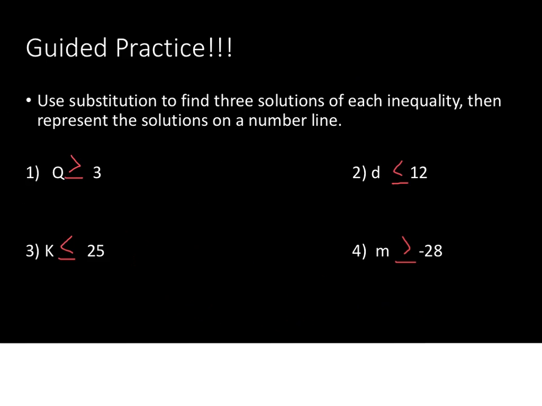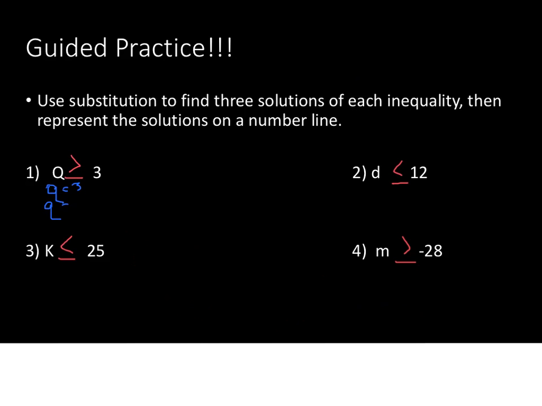All right, so now you guys go ahead and try. Go ahead and write these problems down, and let's find 3 possible solutions for each one and then represent those on a number line. So in number 1, I have Q is greater than or equal to 3. So in this case, Q could be equal to 3, and that would make that statement true.